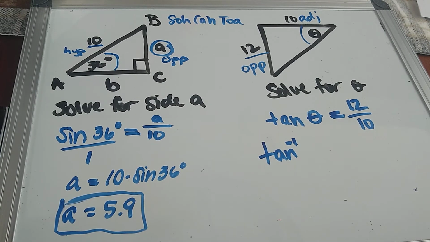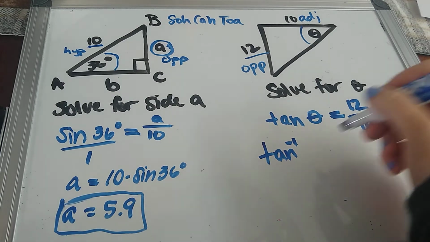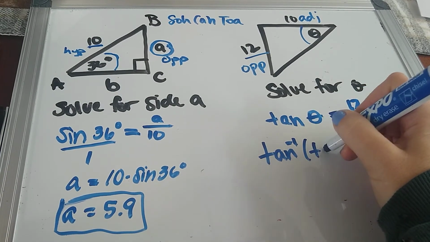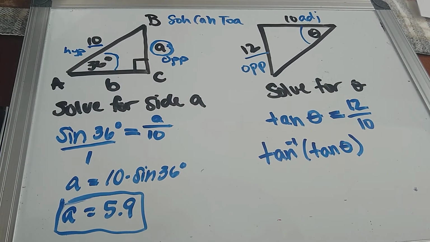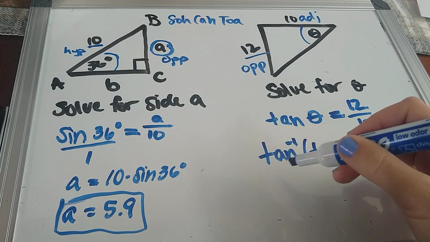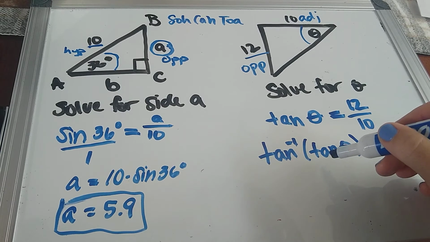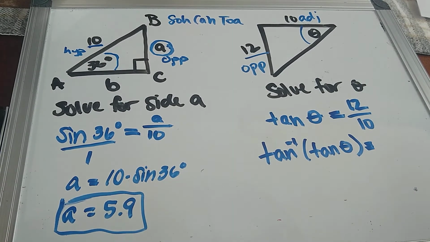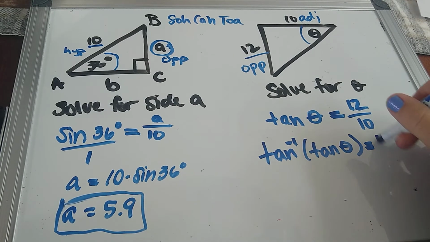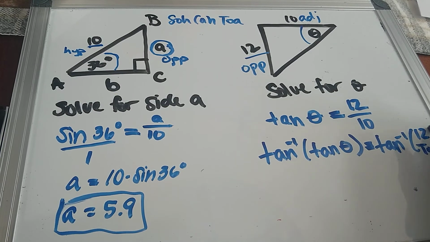It's also called arctan, so on some calculators they'll say arctan. If you're in the IB curriculum, I believe they like to use arctan. It's the same thing. What that does is allow the tangent inverse and the tangent to undo each other, so then all you're left with is theta. But whatever we do to one side of the equation, we've got to do to the other. So we'll do tan inverse of 12 over 10.